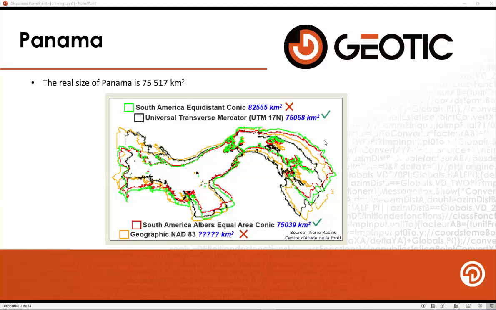So based on the real size of Panama, which is 75,517 square kilometers, the most accurate datum for this country seems to be UTM Zone 17 North and the South America Albers Equal Area Conic. So this is why none of the datums are right. They are approximations, and you have to remember that when you are choosing yours.